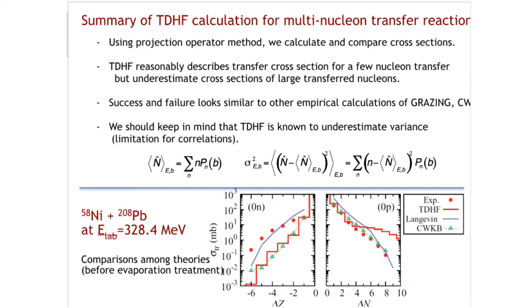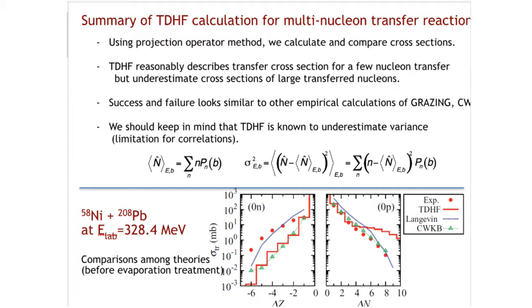So it's a comparison with the calculation by several methods. The red points are experiments. This red line is our TDHF calculation for zero proton and neutron transfer and zero neutron and many proton transfers. And the CWKB is one of the direct reaction type approaches.